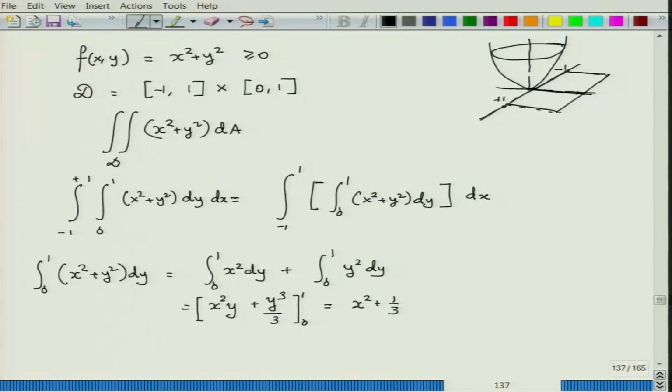Now, what do you have to do? Now, the remaining part, what is left? So, the volume is the integral from -1 to +1 of x square plus 1/3 dx, which is the integral from -1 to +1 of x square dx plus the integral from -1 to +1 of 1/3 dx.